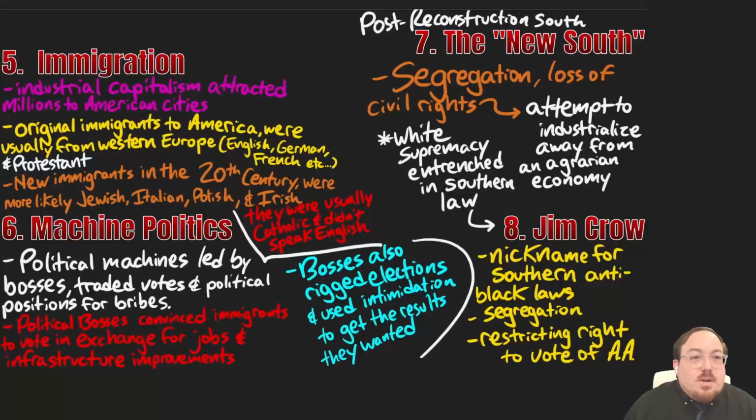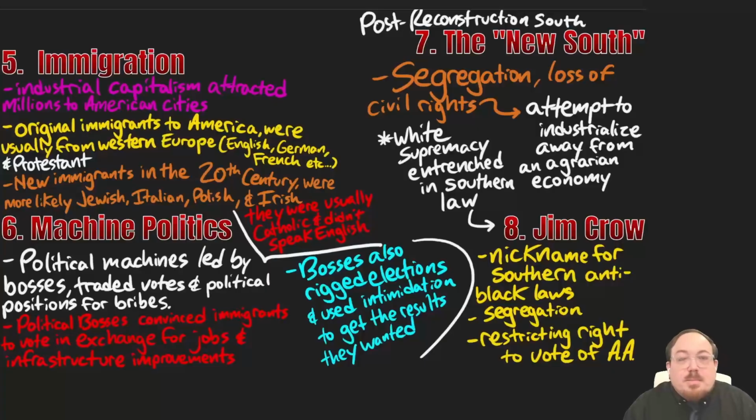They could be from places like Italy or Poland or Ireland, places that have large Catholic populations. Poland also had one of the largest Jewish populations. And all of these places did not speak English. So there was a lot of anti-immigrant feeling during that time.